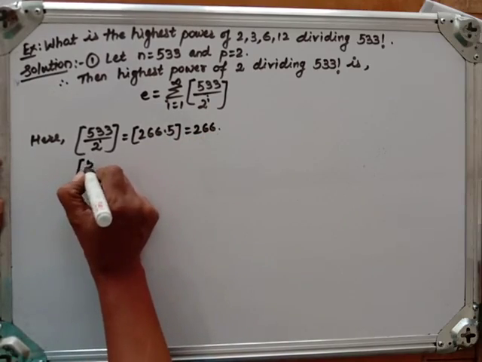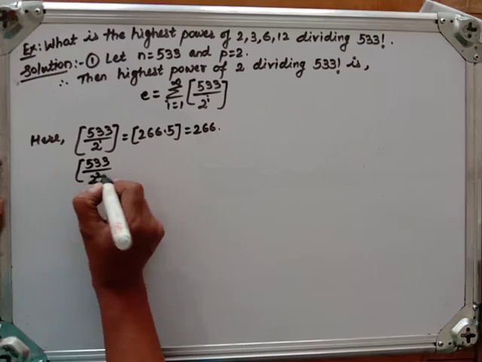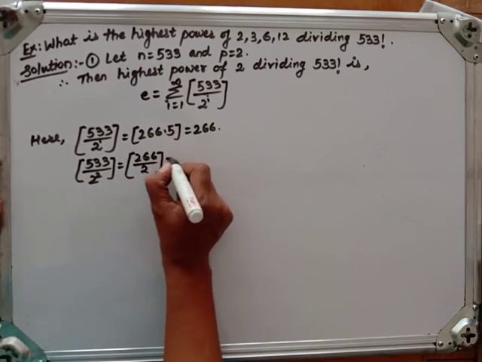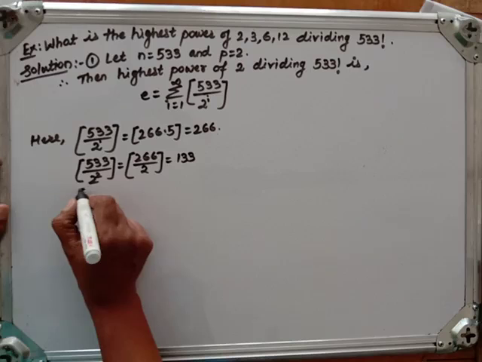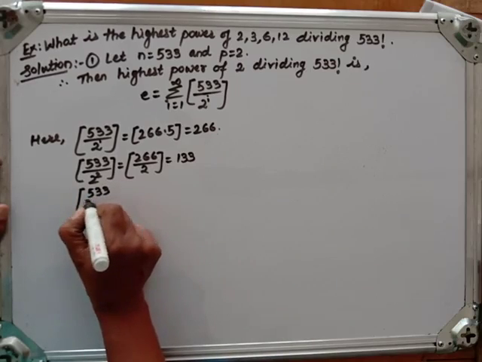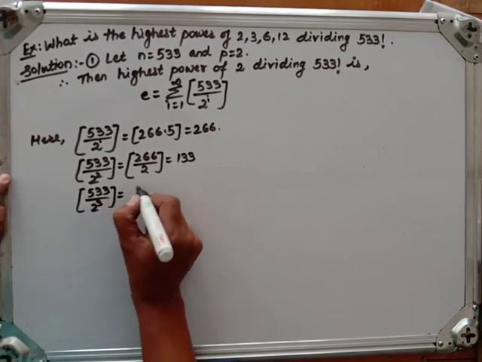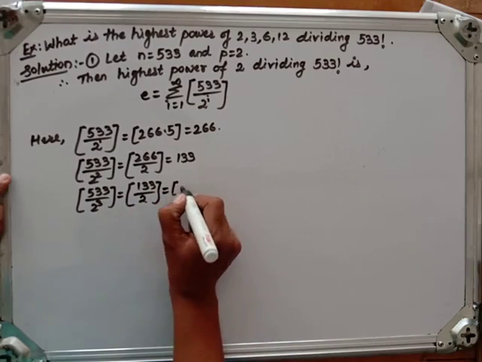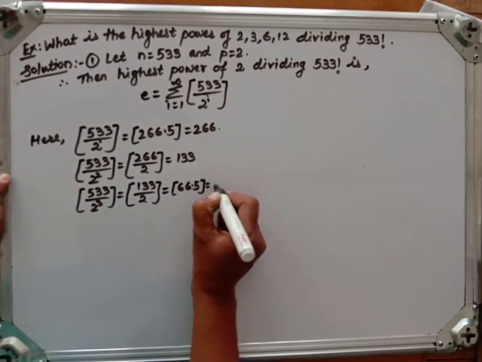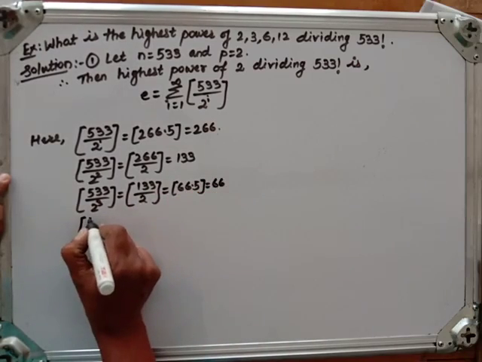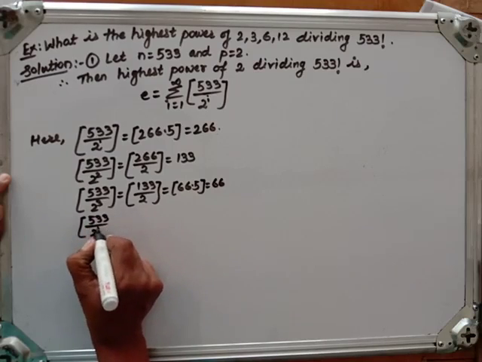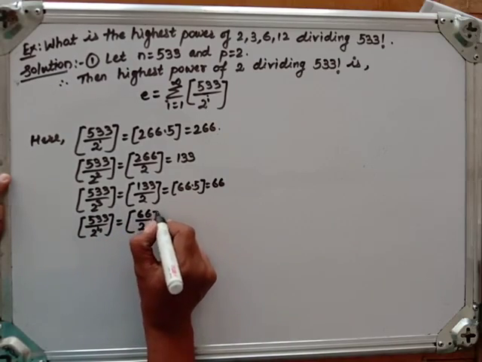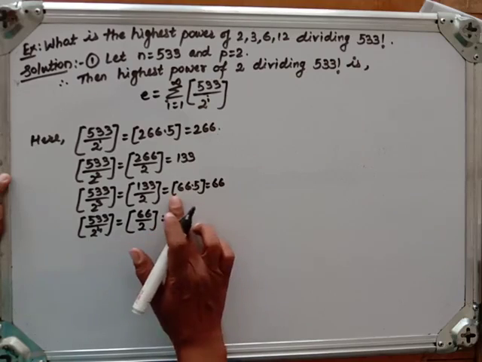Next, 533 upon 2 square, that is 266 upon 2, so it is 133. 533 upon 2 cube, that is 133 upon 2, it is 66.5, so it is 66. 533 upon 2 raised to 4, so it is 66 by 2, so it is 33.